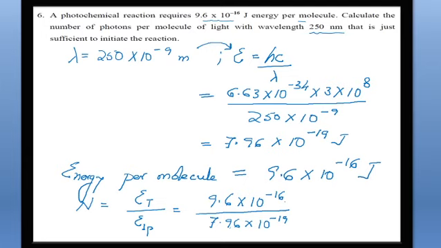So it is 1210 photons per molecule. This should be your answer: 1210 photons per molecule to initiate the reaction. I hope this is clear to all of you. Let's go to the next question.